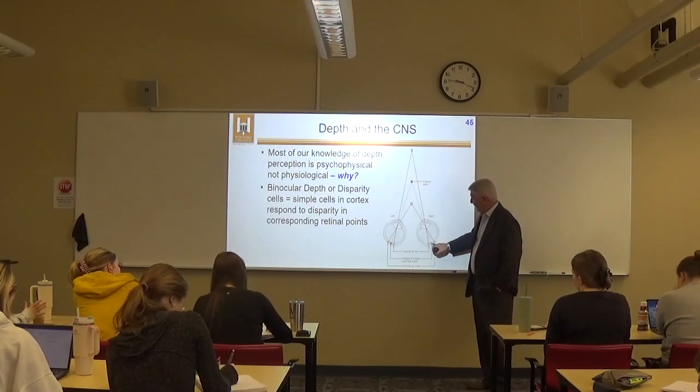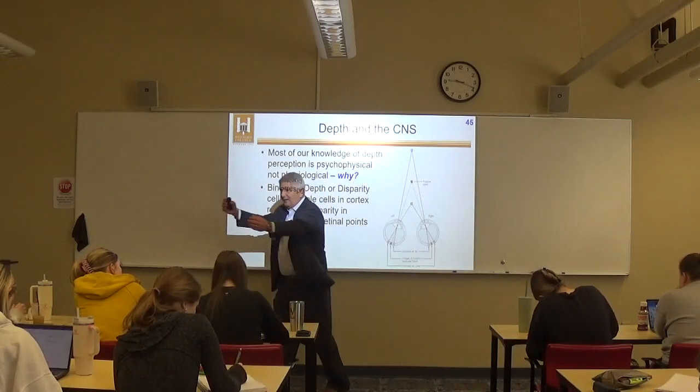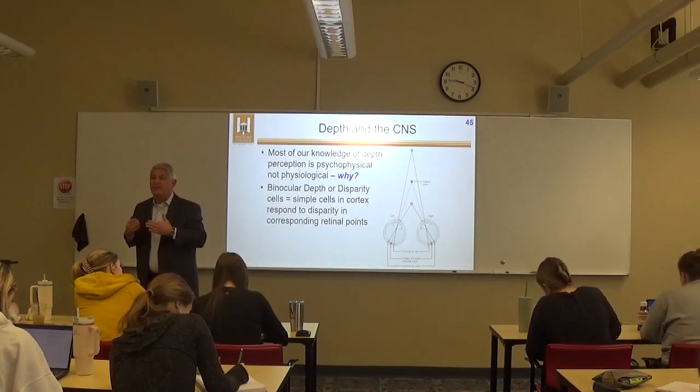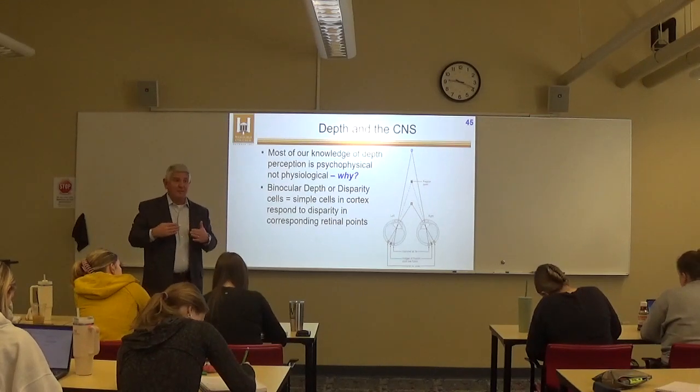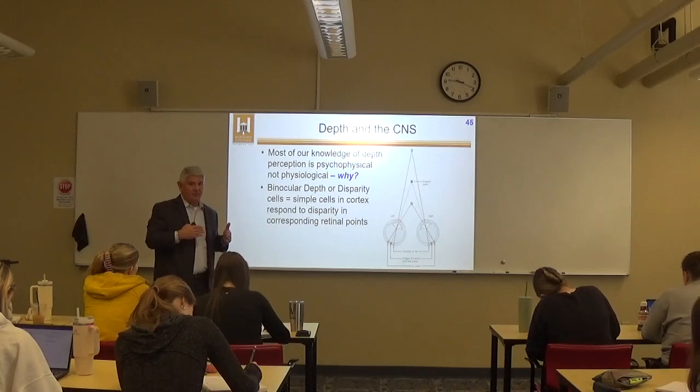It's a lot different. It's much more difficult to measure how our brain's interpreting these signals. We know these signals are coming out of the retina, but how our brain is dealing with them is really complex.